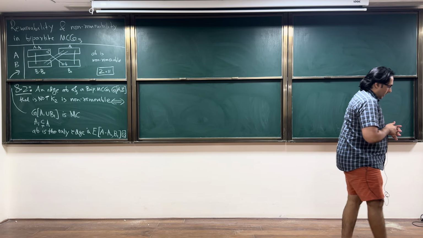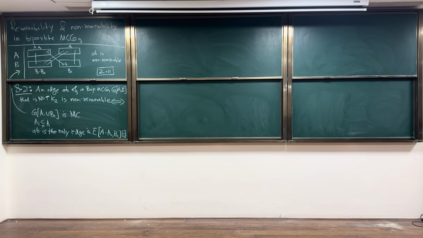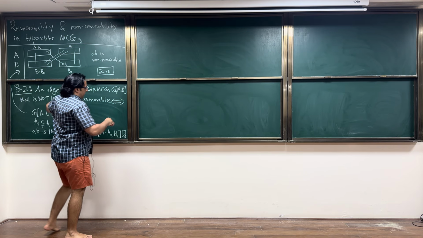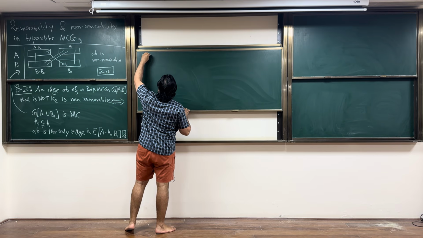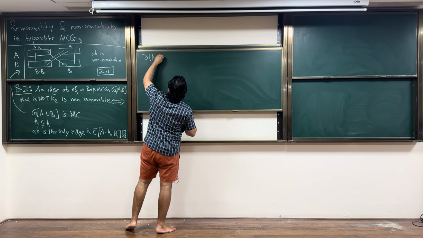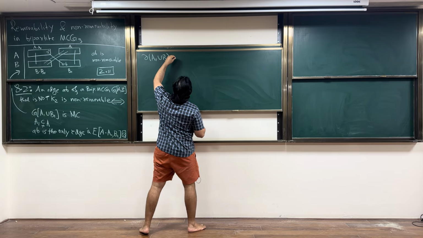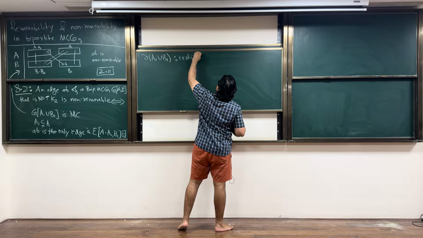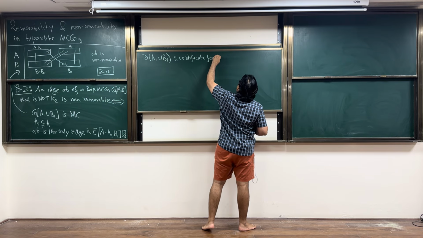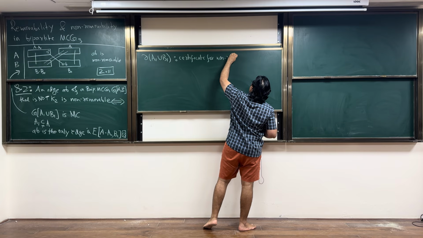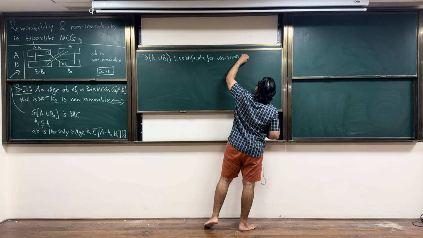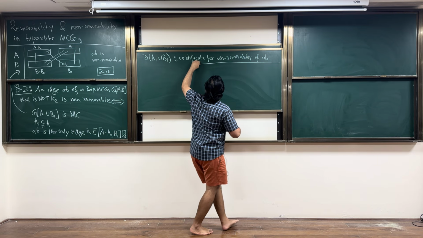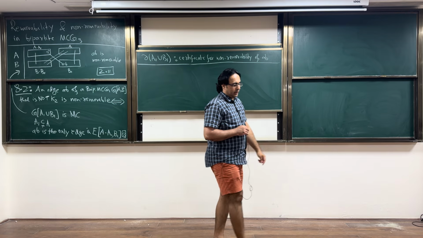Okay. So now one other point I want to mention is this A1 union B1. What Lucchesi-Murty do is they consider the cut of A1 union B1 and they consider this as a certificate for non-removability of the edge AB.